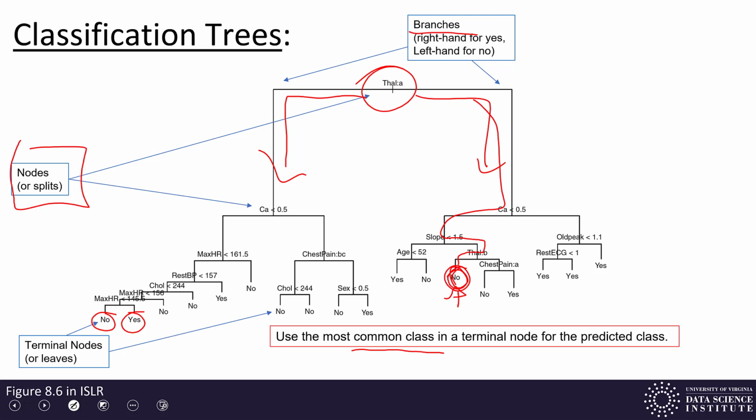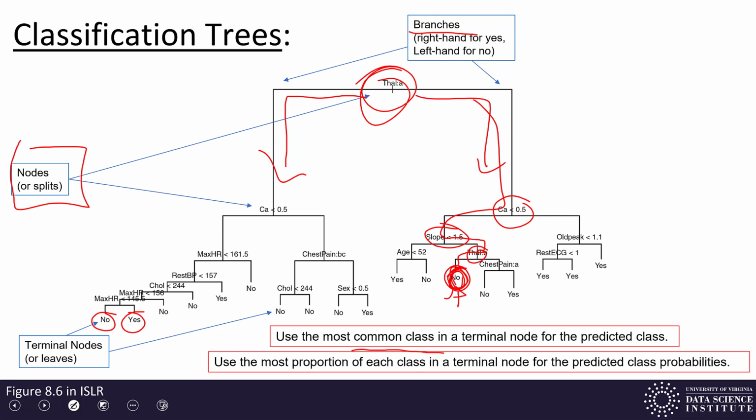So what we read here is that most observations in our training data that had thal A, and then CA with this as a no, this as a yes, this as a no, wound up down here. Most of them were no on the heart attack question.